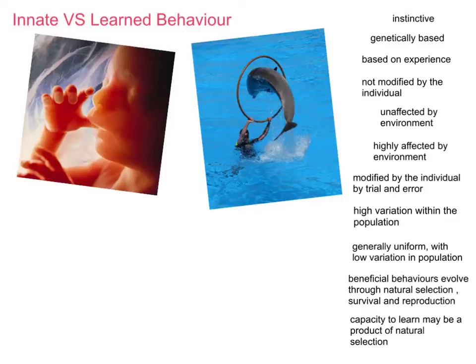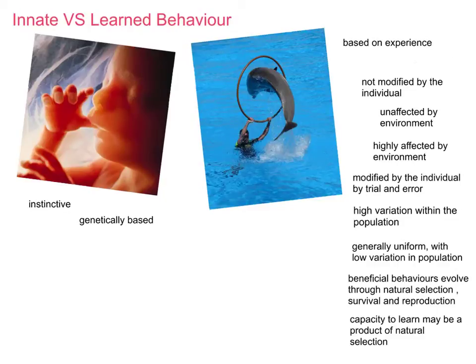So let's start with the suckling instinct as our innate behaviour. That is, without doubt, instinctive. And because it's instinctive, we can say that it is genetically based. There are fixed action patterns involved there. A learned behaviour, like training the dolphin, would be based on experience.